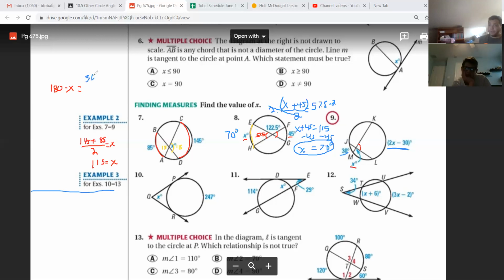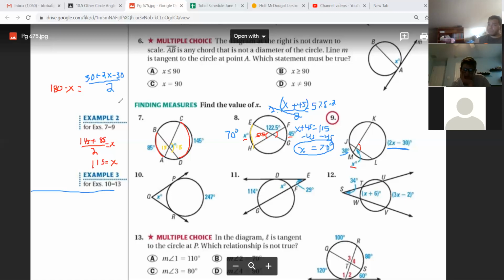So it's 30 plus 2x minus 30, divided by 2. Wait, why did you do plus 2x? We're adding this part right here, the two blue underlined things added together. Okay. So I can write it with parentheses, but it doesn't really make a difference in this case.